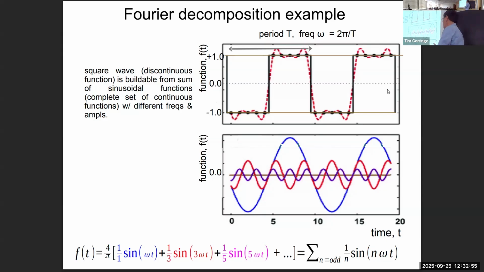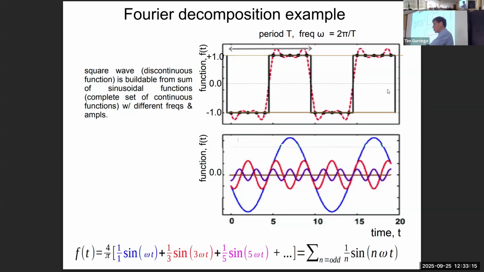And Fourier analysis, Fourier decomposition, is that you can build that square wave, you can construct that square wave out of a sum of sine waves, a series of sine waves of different frequencies and different amplitudes. It's an interesting point because the square wave is a discontinuous function.